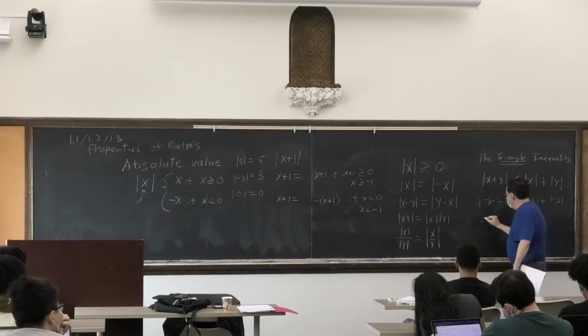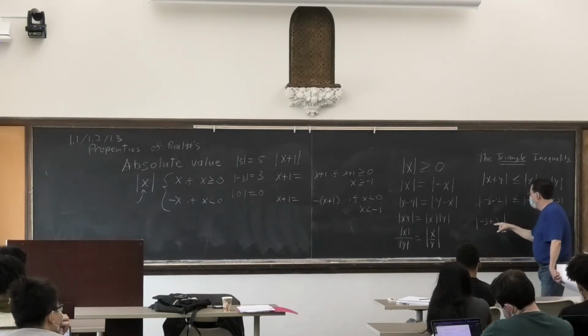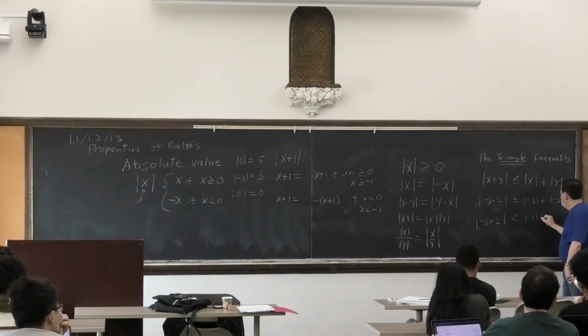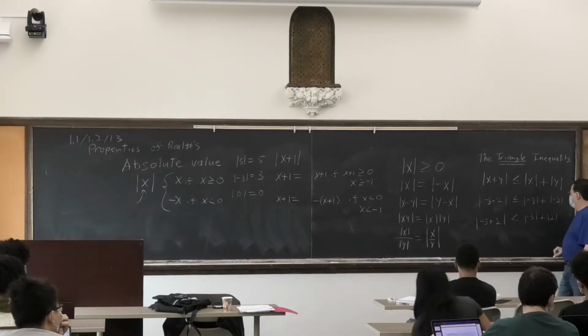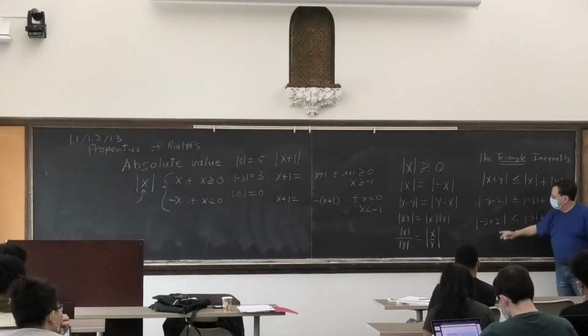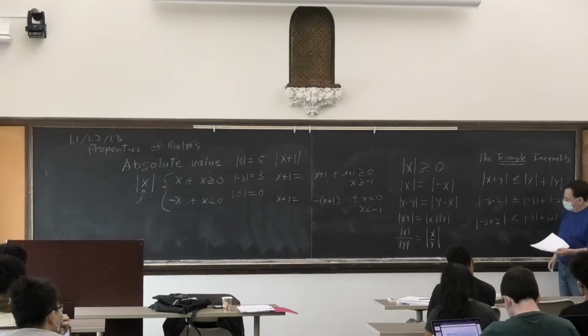One of them is positive and one of them is negative. Well, this is going to be less than this, because here this negative will become positive and this will be greater. So that's the triangle inequality.